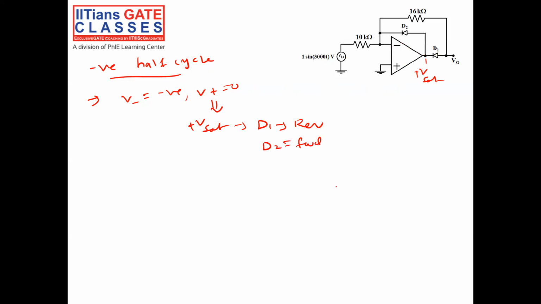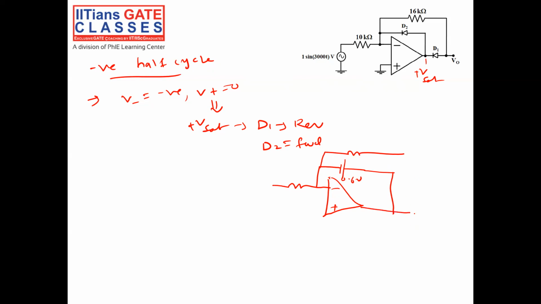What will my equivalent circuit be? Minus, plus. My D2 will be forward bias, and forward bias I will replace with a 0.6 volt source, and there is a resistance connected to here.